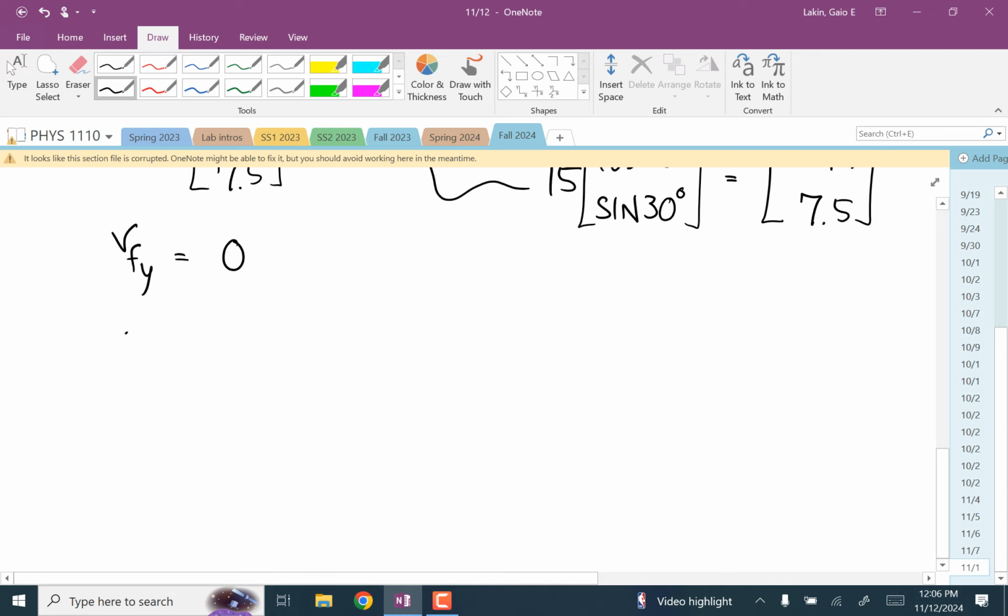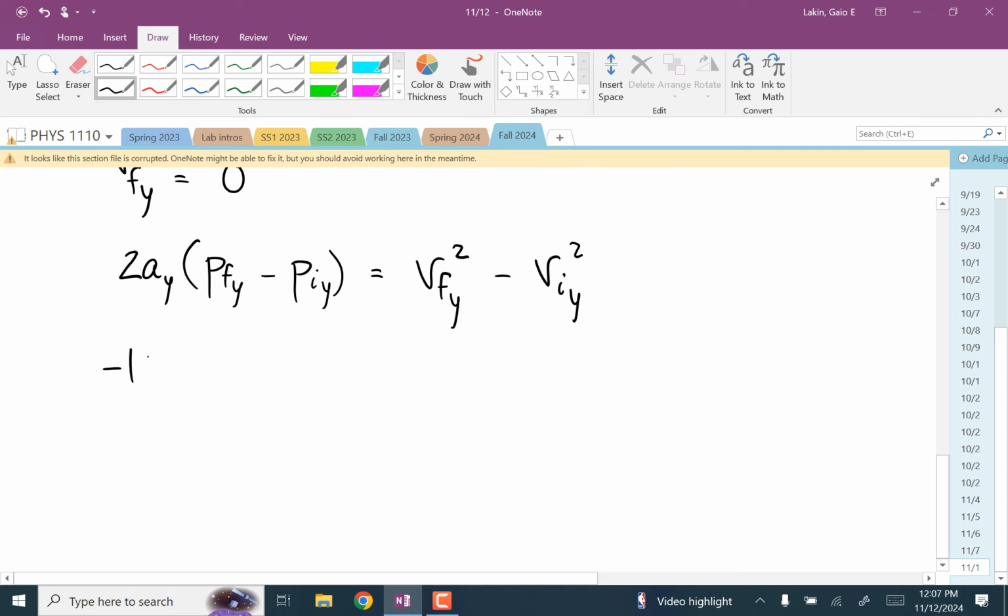The one that'll work is 2 times ay times the quantity pfy minus piy is equal to vfy squared minus viy squared. So you have negative 19.62 times the quantity pfy minus 2 is equal to 0 squared minus 7.5 squared.